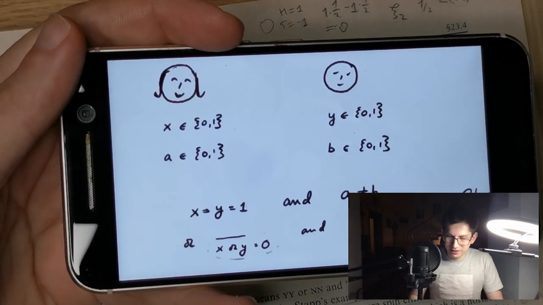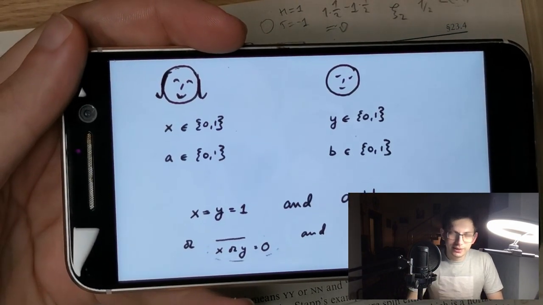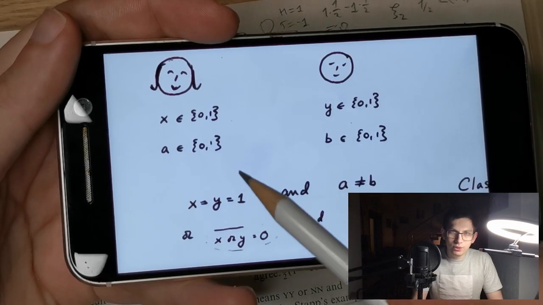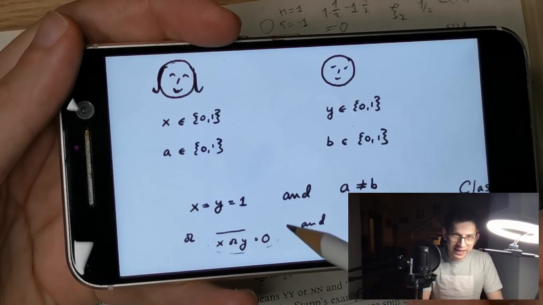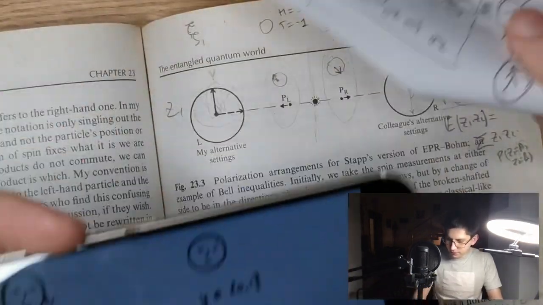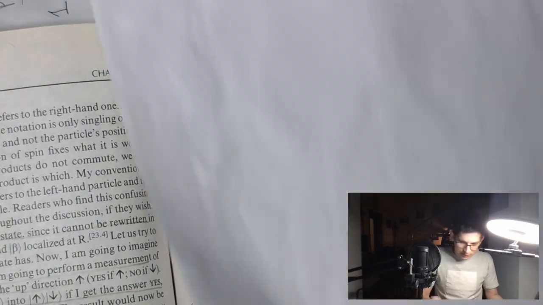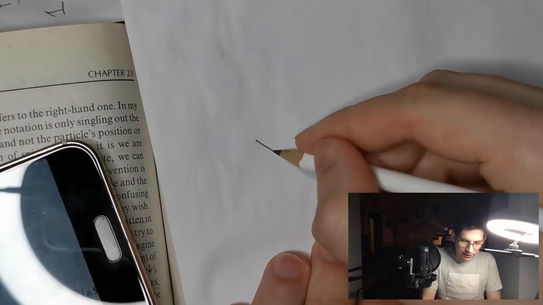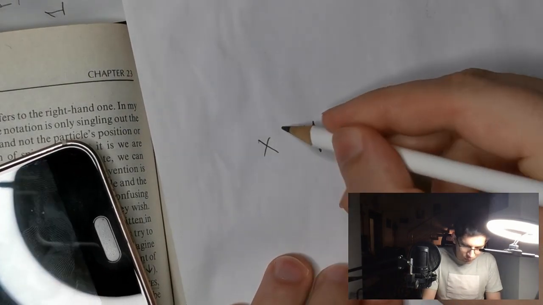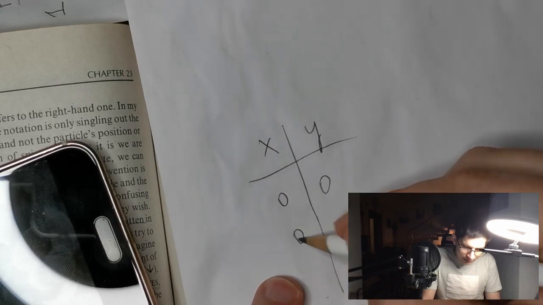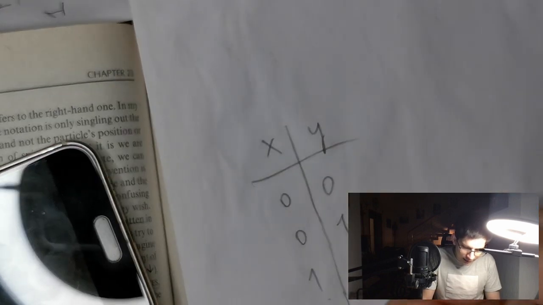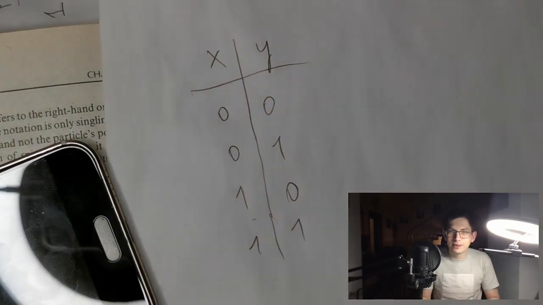Okay. You can see that we know that X and Y are just coins. So those 4 cases, right? Probably I need to write it on the paper. So we have X, we have Y, and we have 4 cases: 0,0; 0,1; 1,0; and 1,1, right?